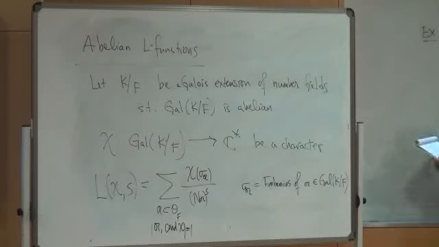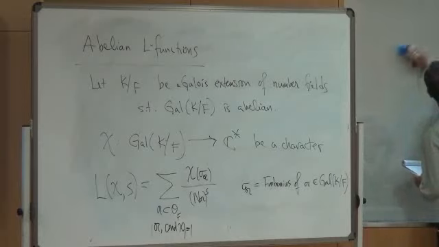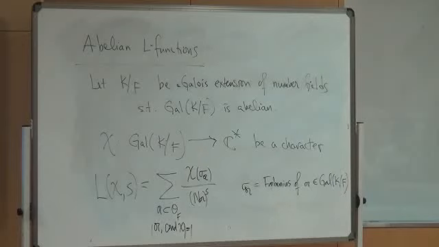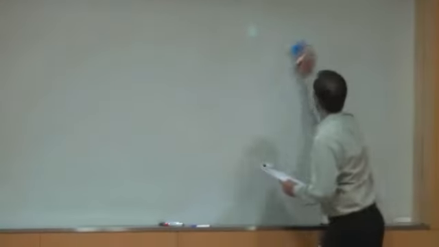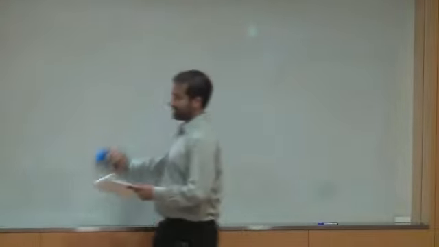Let me actually, before I move further, just give the simplest example of this. When F is Q, this character is called a Dirichlet character, and the associated L function is called the Dirichlet L function. Without getting involved in what this Frobenius means, let me just give a concrete example where it's very explicit.